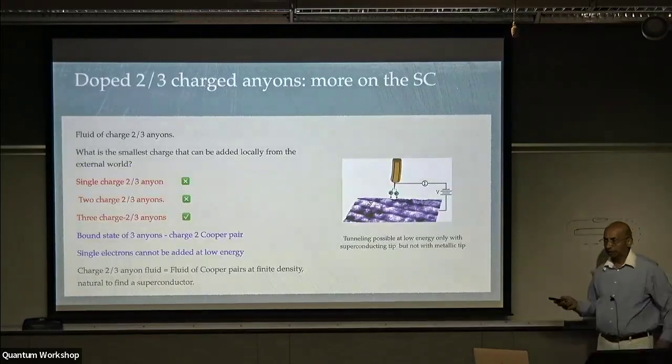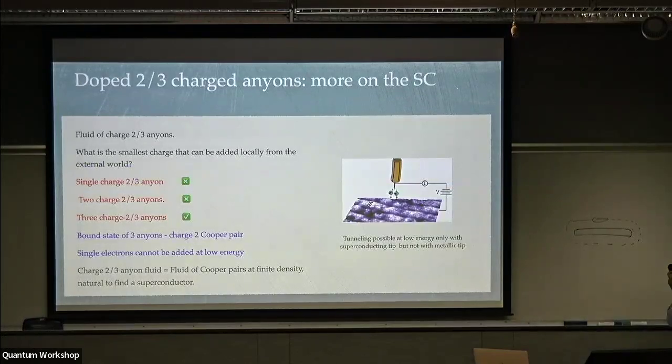Okay, so let me give you some understanding of where the superconductor comes from. Let's think about this fluid of charge 2/3 anions. So we imagine we've doped the charge 2/3 anion, and the charge 1/3 anion has a finite gap. So at low energy, I have a fluid of charge 2/3 anions.